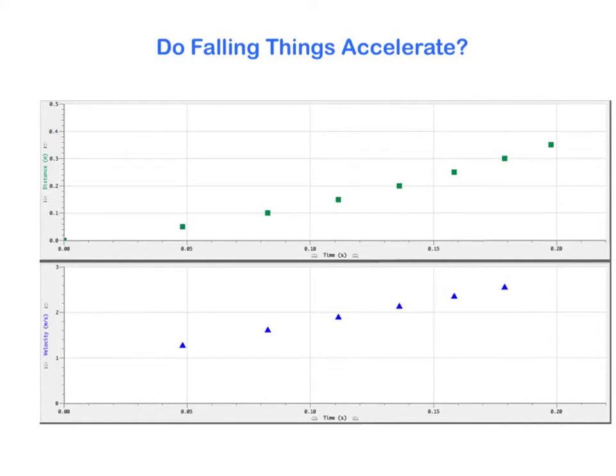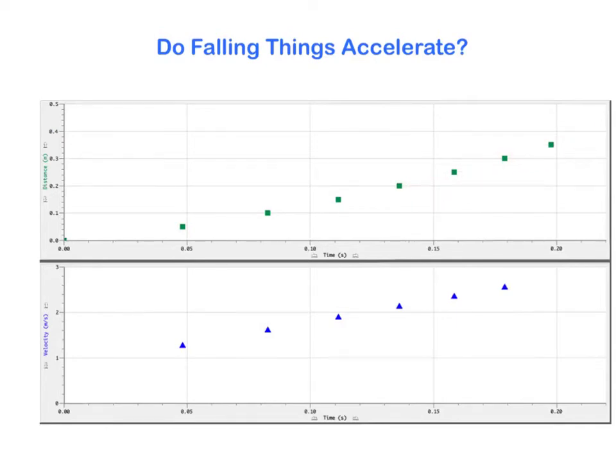Now on a distance time graph, we can subtly see that this line is not a straight line, but a curve. Now we're going to let Loggerpro tell us if that's really true, but I can see perhaps that this is more of a straight line, whereas that's more of a curved line.